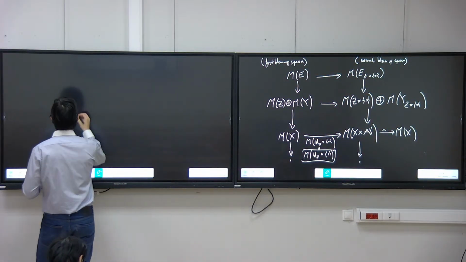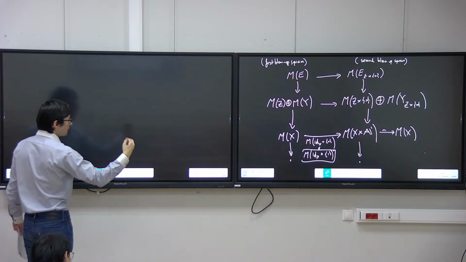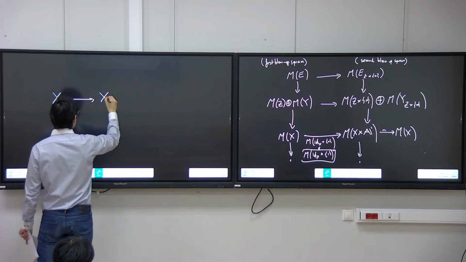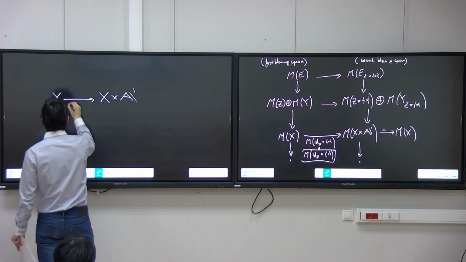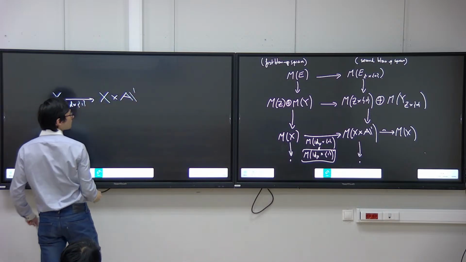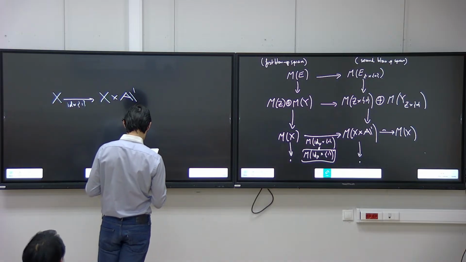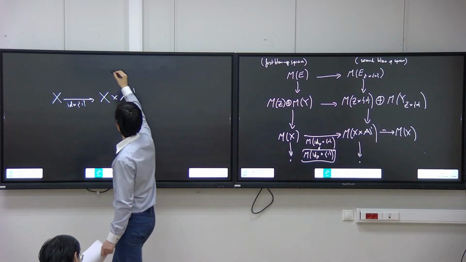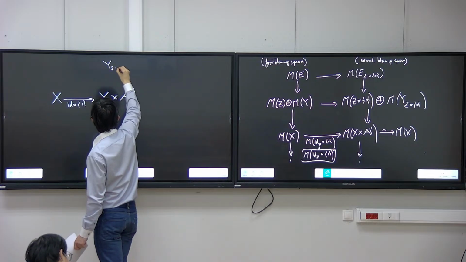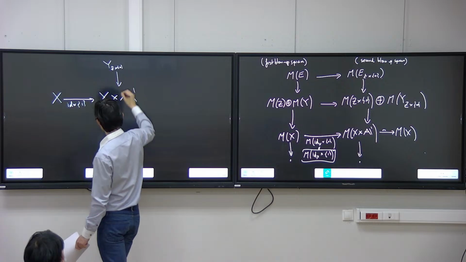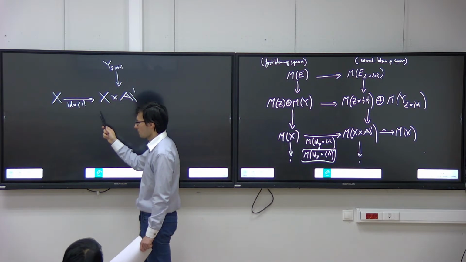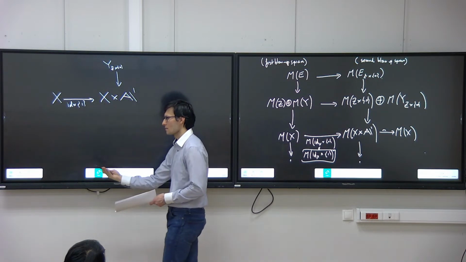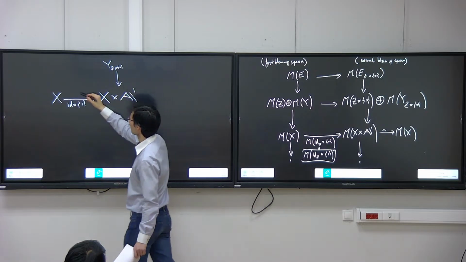On the other hand, if we have a look at this map at the level of spaces, X to X times a1 and identity times 1, we have this blow-up Z times 0 sitting above this, and somehow by properties of blow-up, this map lifts, because 1 is outside the blow-up along this diagram.